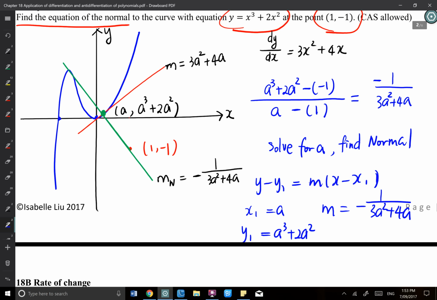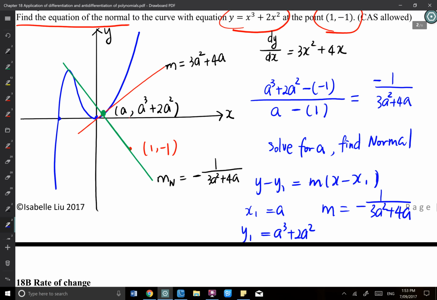I'm not going to ask you to really work out this value. It's too hard to calculate. But it's the idea of this question. The point given does not necessarily lie on the curve. You need to check when a point is given whether it's on the curve or off the curve.